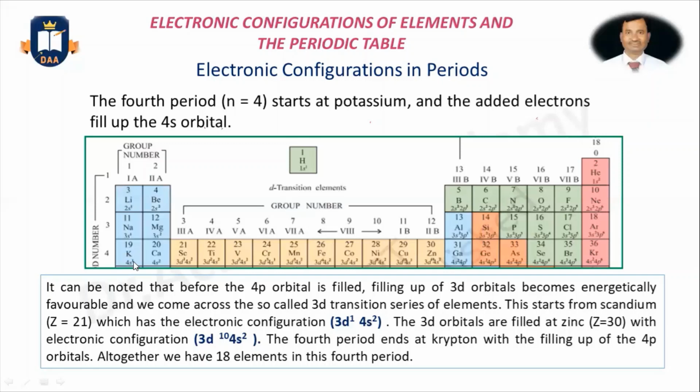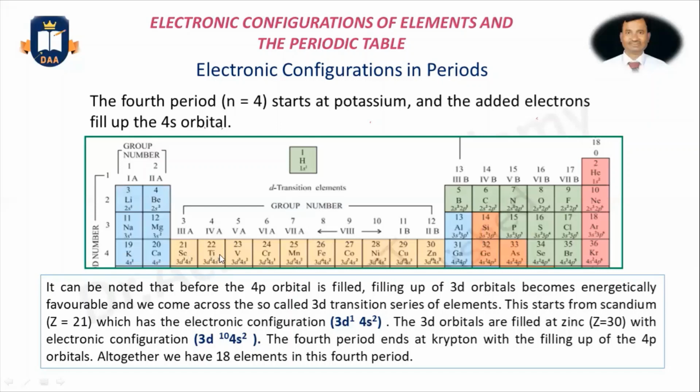So 5 plus 3 plus 1, that means total 9 orbitals. So 9 orbitals means 18 electrons can be occupied maximum. So 18 elements are present in the 4th period.